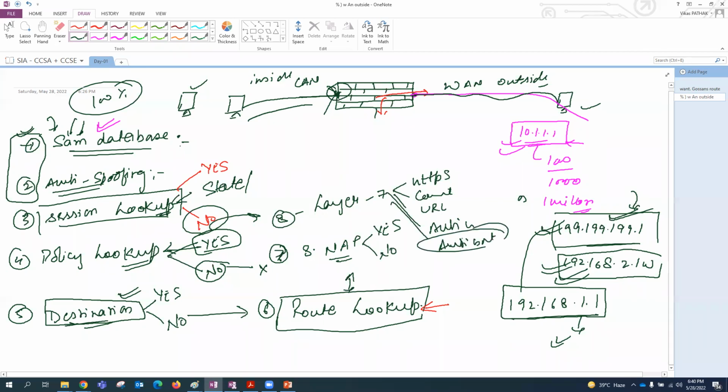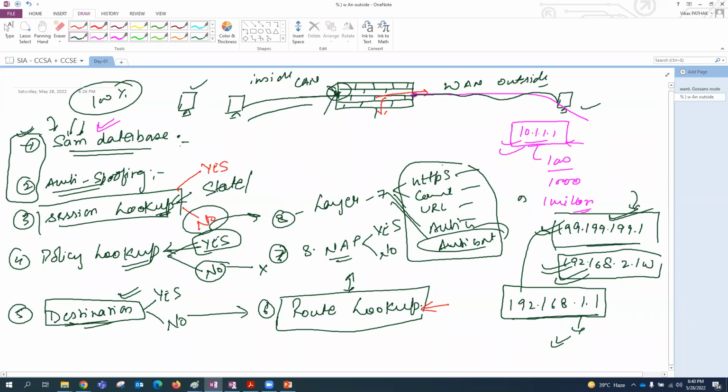These all feature sets are there. So these all checks will be happening at which layer? At layer 7. On this 8th step, these all applications will be checked one by one, and until these all applications called for this particular traffic pass that traffic, this traffic will not move further.